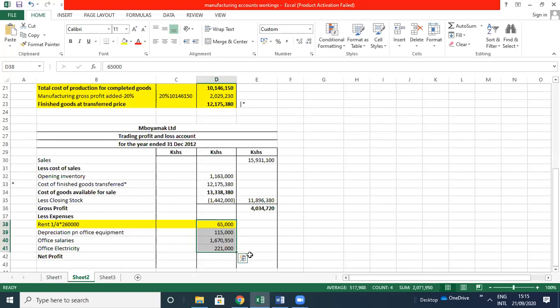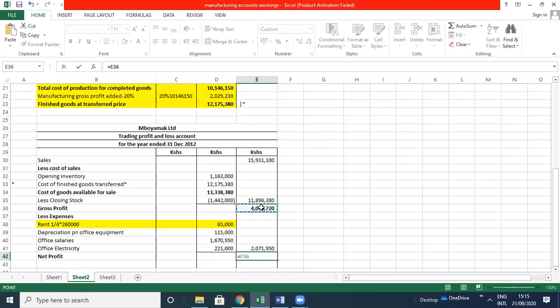What is the total there? $20,71,950. And therefore the net profit again here becomes what?